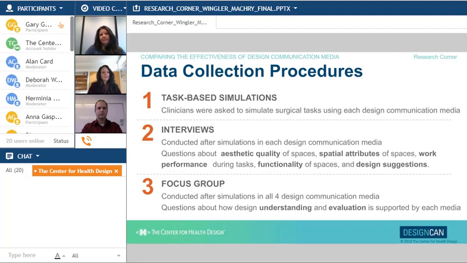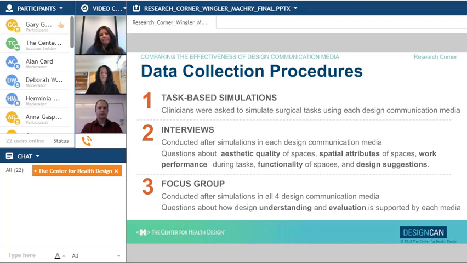Going over the data collection somewhat quickly, we used task-based simulations. What we had were different tasks associated with the different roles in which the clinicians perform their work. So we had different tasks, for example, for the surgeon, for the anesthesiologist, and for the circulating nurse as well, that they were asked to perform in each of these design communication media.